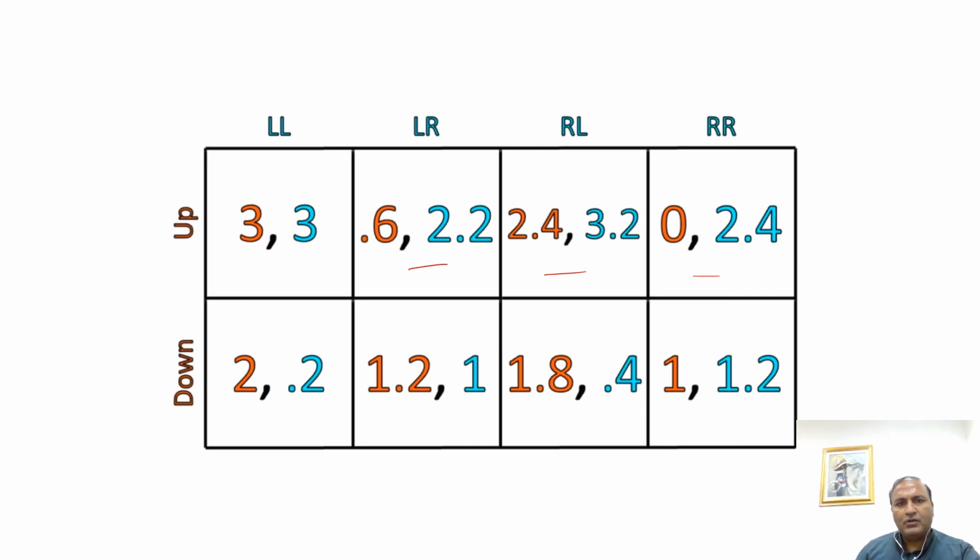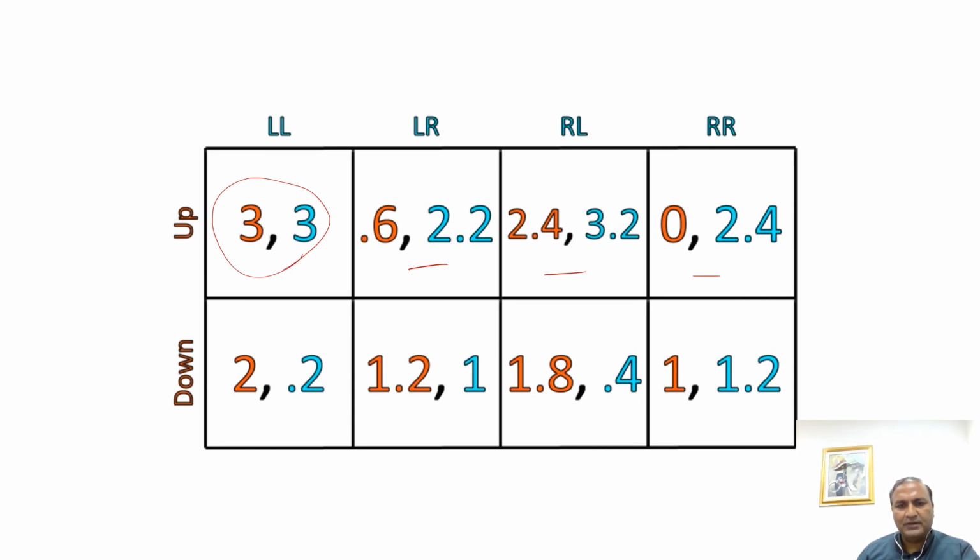Okay, so now what we have to do is find the Nash equilibrium in this game. If you find the Nash equilibrium in this game, we call it Bayesian Nash equilibrium. So how do we find the Nash equilibrium? We can use many different methods. We can for example use the idea of removing the dominated strategies, or we can check each number one by one, or the best response function.